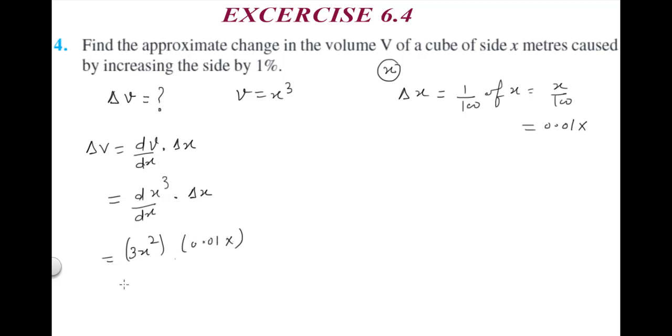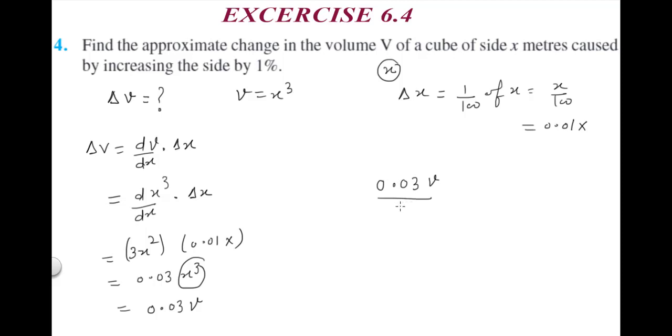Now when we multiply, we get 0.03 x cube. x cube is what? The original volume we have. So the change is 0.03 times the volume. So the approximate change in volume V is 0.03 V. Clear? This is how you are going to write the answer for question number 4. Let us discuss another question.